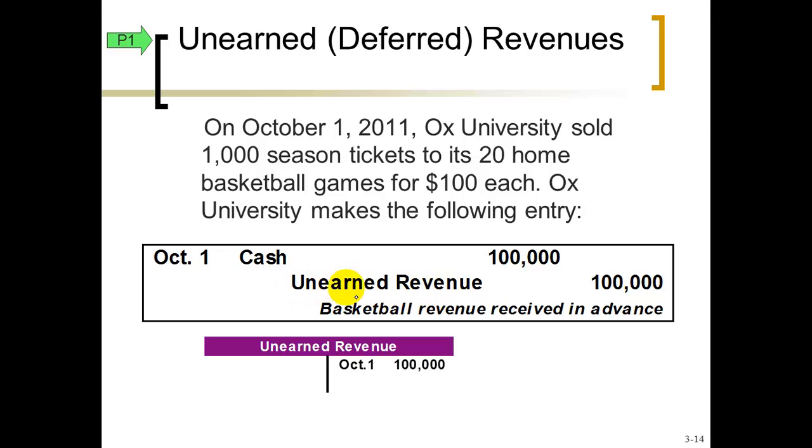Remember, unearned here means that this is a liability account. We owe the ticket buyers $100,000 worth of admission, and you only earn this money as the games progress, as you give admission to those ticket holders. Okay, so right now we're increasing this liability with a credit of $100,000. This is back on October 1st when you sold and collected the money for those season tickets.